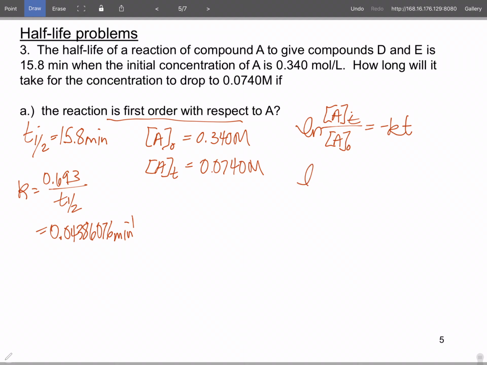But over here we have the natural log of 0.0740 molar divided by 0.340 molar is equal to minus 0.04386 t, using 4 significant figures.